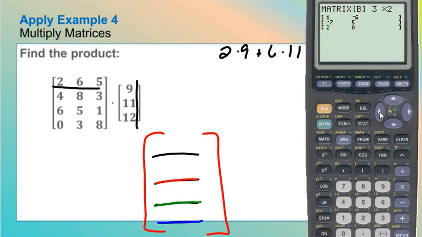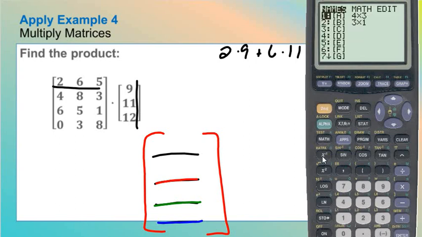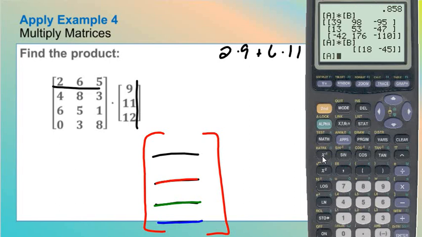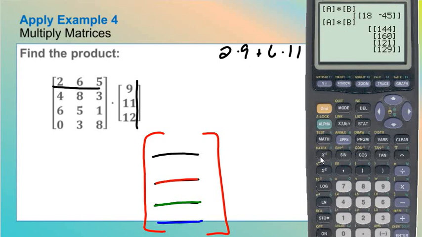That's a 3 by 1. And this is 9, 11, 12. Get out of here. Second matrix, we have 1 times second matrix, number 2, enter, and here's our answer. We would have 144, 160, 121, and 129.